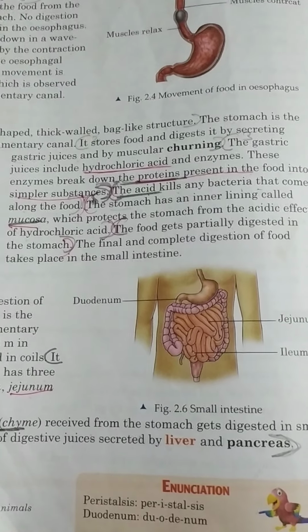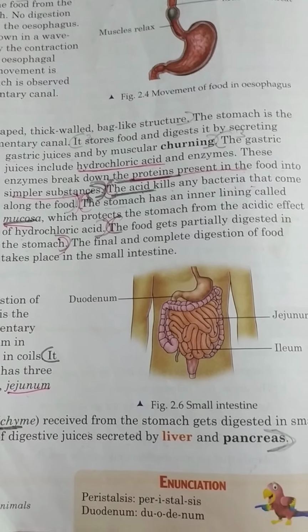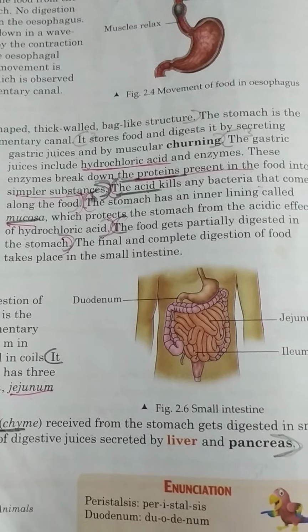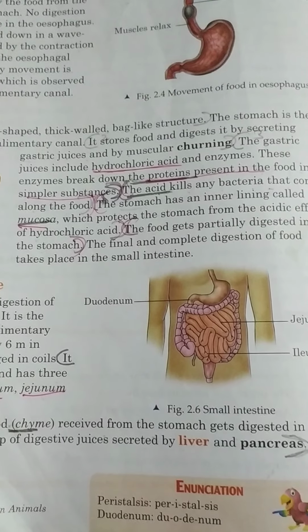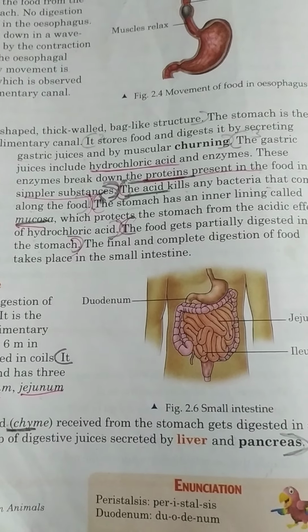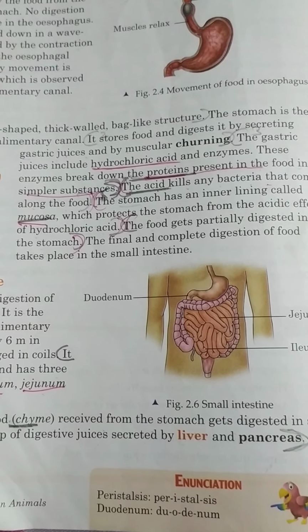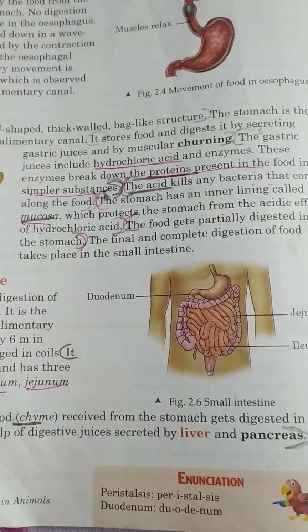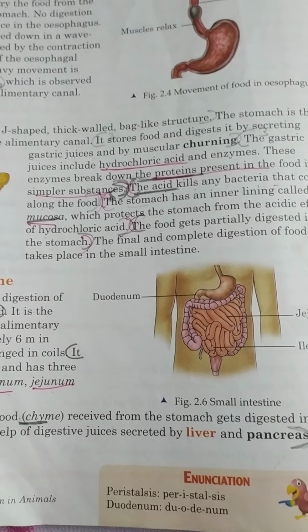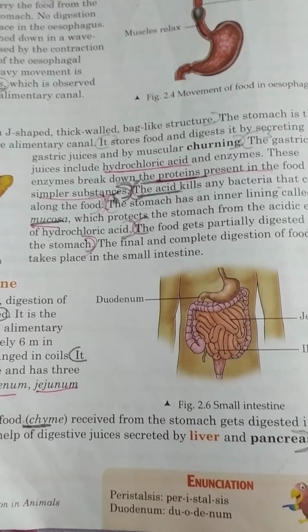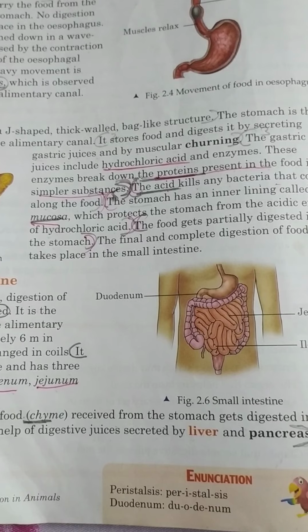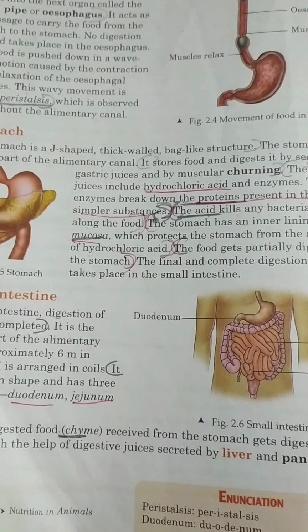Stomach. My book is already marked a little bit, red marks are there. Your book must be neat and clear, and you can take the help of modules and the notes. Now the stomach has an inner lining to protect it from the acidic effect, that is called mucosa. It contains acid, that is HCl, that helps to kill the germs that come with the food, and it also contains many digestive juices.